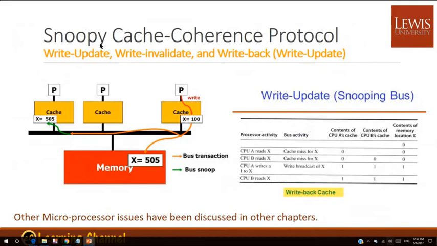Now, let's look at this through the P bus. This is the cache coherence protocol: write update, write invalidate, and write back. Right here we have several processors, and several copies of the same X data. To write through, we just have this processor write 100 into the memory.